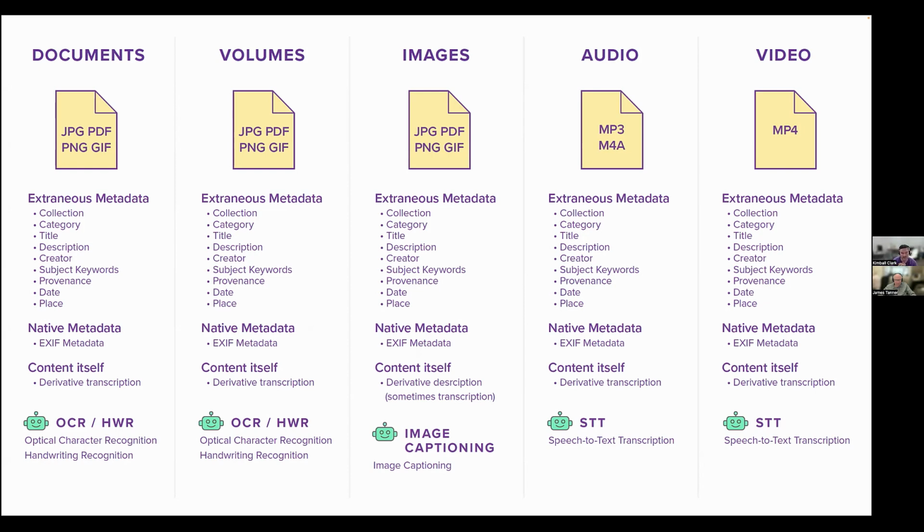The next element related to auto indexing is image captioning. When it comes to your JPEGs, PDFs, PNGs, and GIFs that are solely images, let's say me standing in front of a waterfall, it will caption that image and say, we have a man in his middle-aged years standing in front of a waterfall that appears to be rather tall. It explains exactly what's going on in the image. It'll count how many people are there.